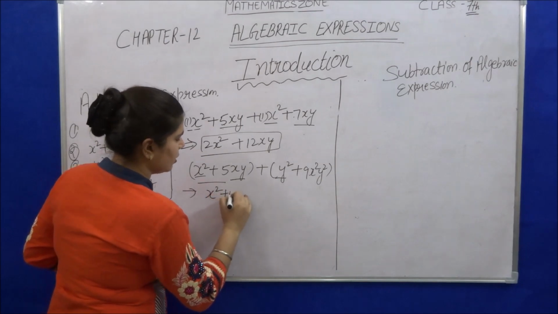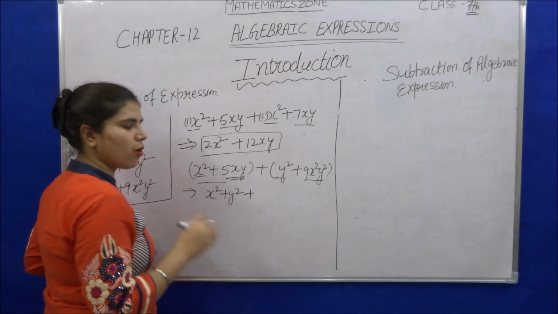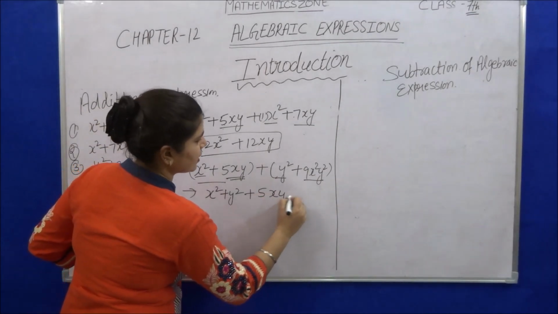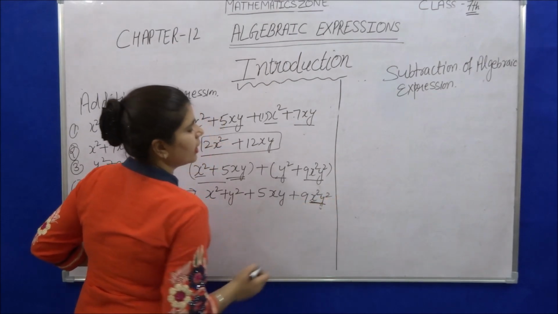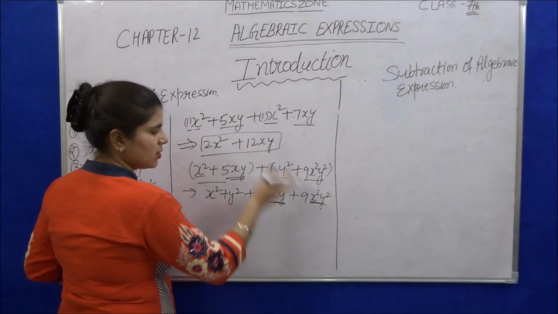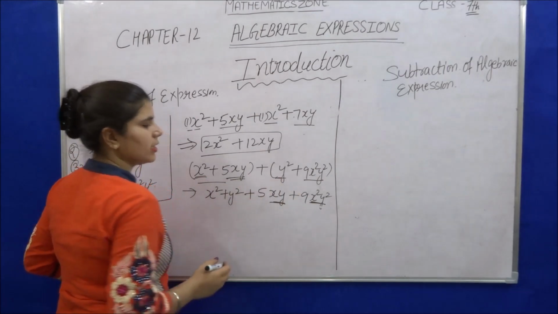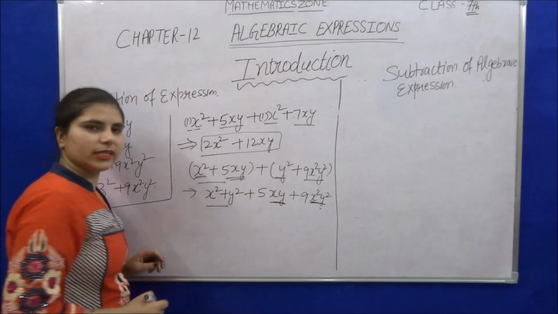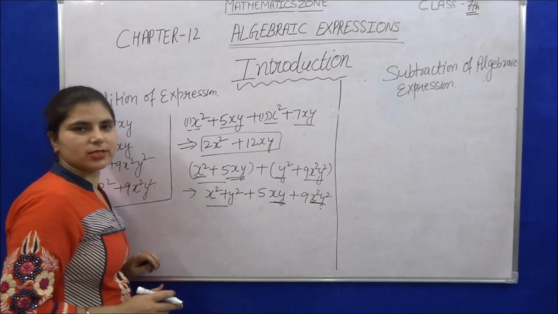So x square plus y square, and 5xy and 9x square y square are also unlike terms. So we will write it as it is, 5xy plus 9x square y square, because these are unlike terms, so we will write them as they are. Similarly x square and y square are also unlike terms, so we will write them as they are. So this is the addition of the two expressions.